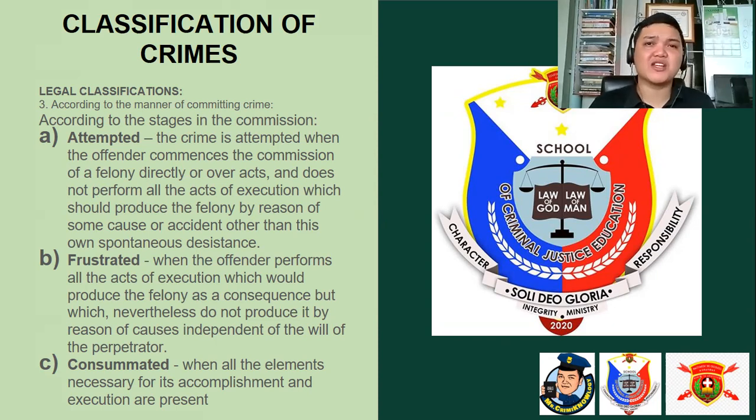Merong mga circumstances, merong mga dahilan na bakit hindi niya natapos ang kanyang krimen. Halimbawa, sinaksak niya pero nakailag. O binaril niya pero hindi niya napatay. Nakapasok siya pero hindi niya lahat nakuha. So, nakumpleto niya yung actions niya pero hindi niya na-produce yung desired niyang outcome.